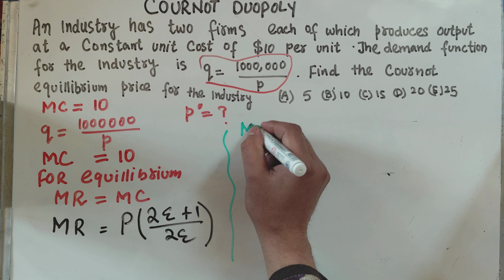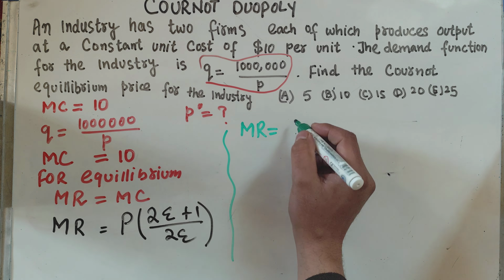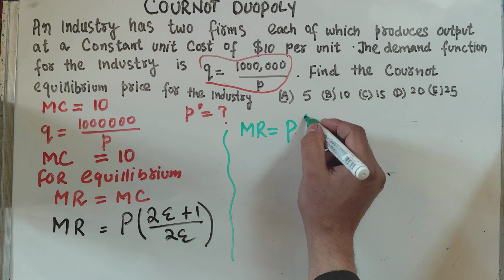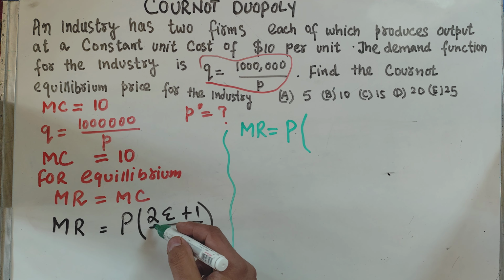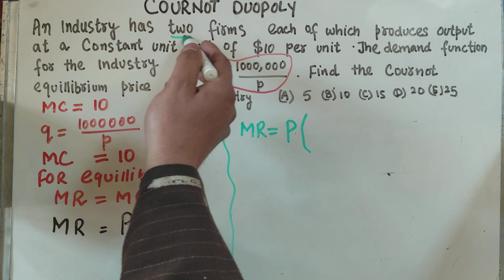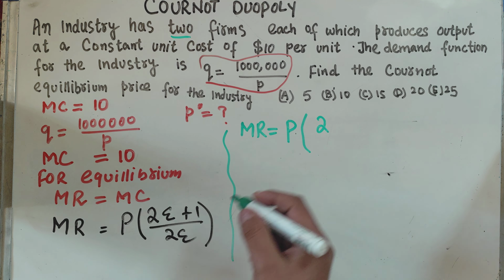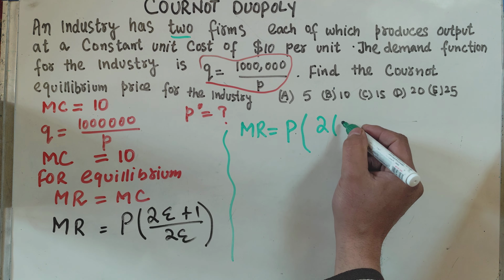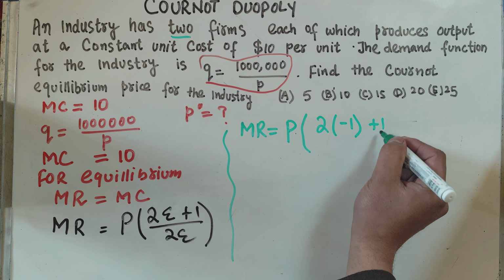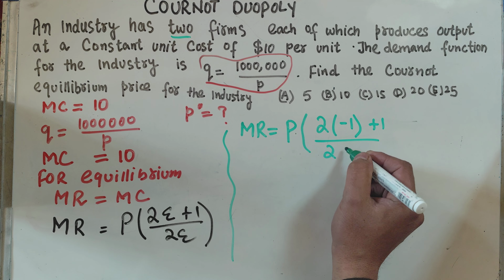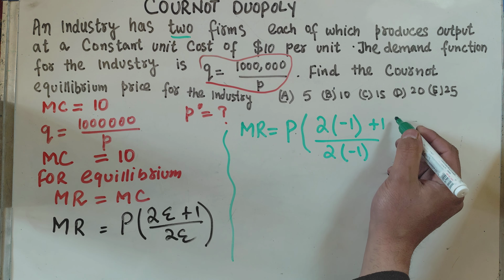Marginal revenue will be equal to price times (2 times minus 1 plus 1) divided by (2 times minus 1).